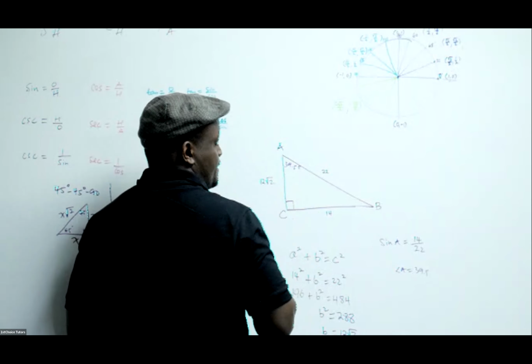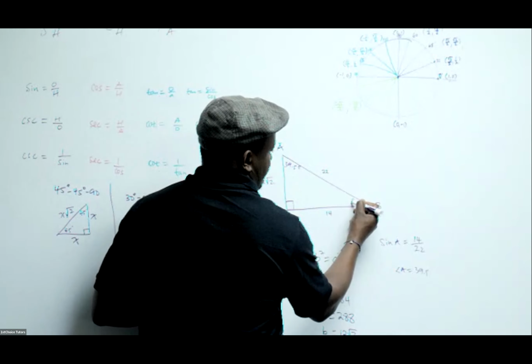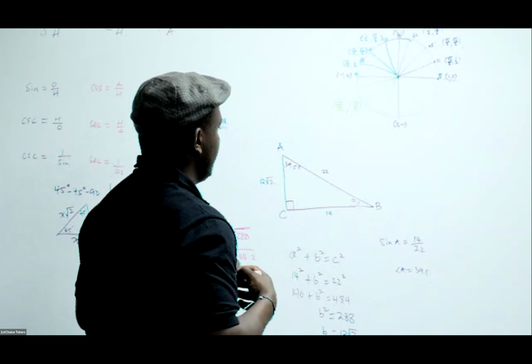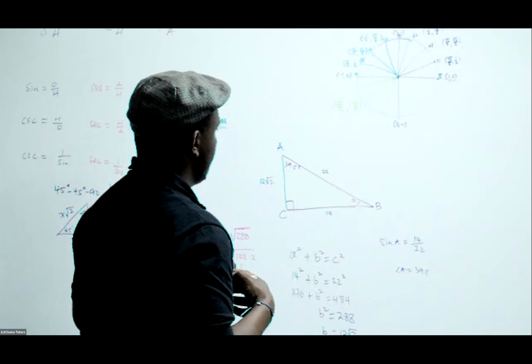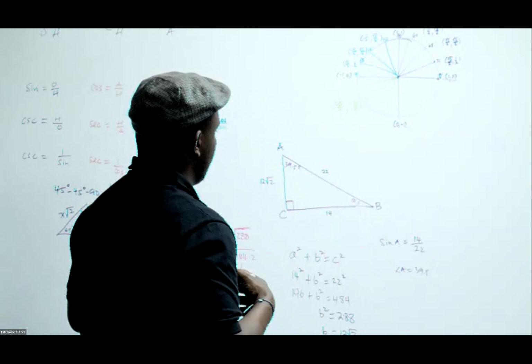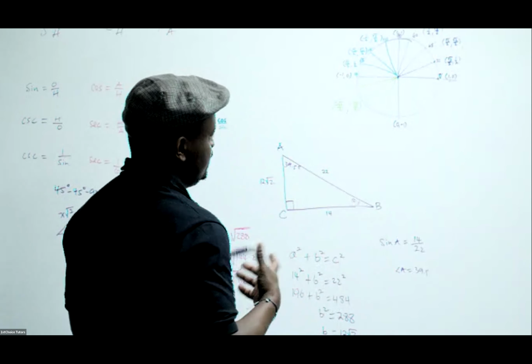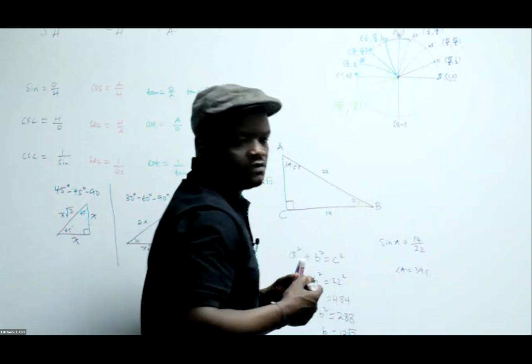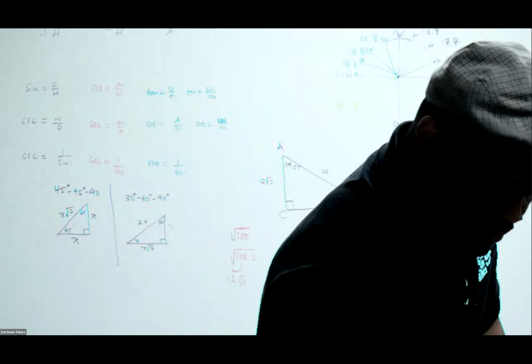It's 90. So 39.5 and 90, so it'd be 50.5. You've solved the whole triangle.